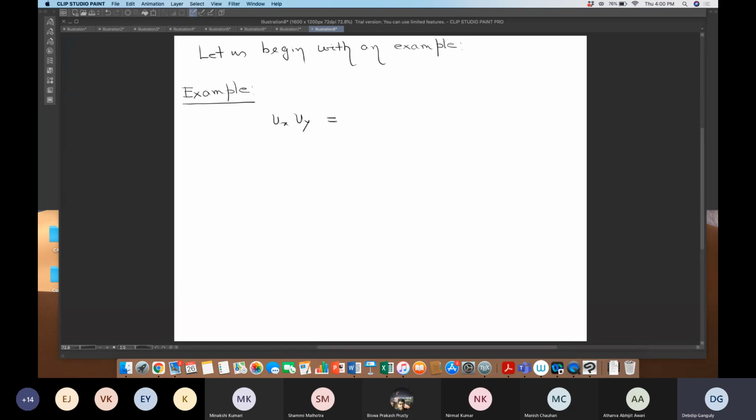Ux uy equal to u, with x, y in R, and u of (0, y) is equal to y square. So Ux times Uy equals u. Is it a nonlinear equation? Yes or no? Yes, nonlinear equation.